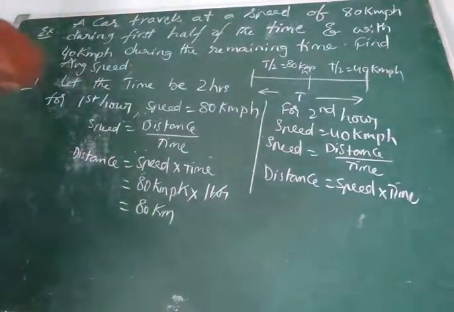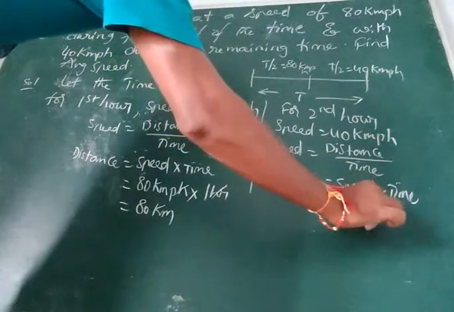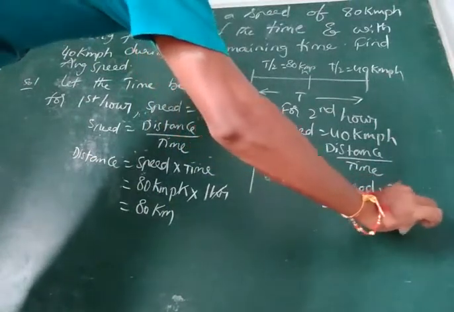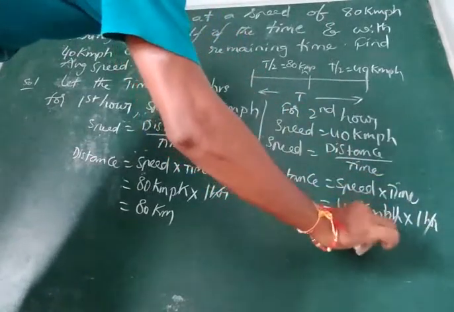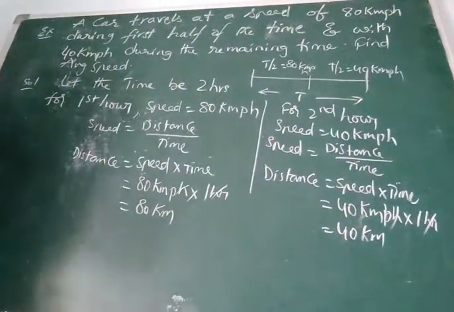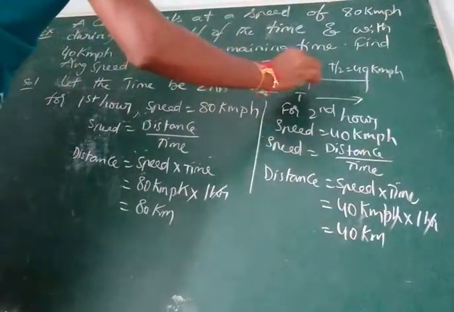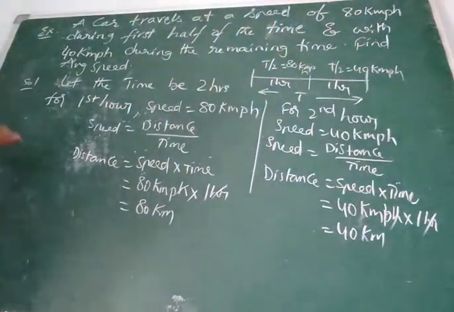In the second case, distance is equal to speed into time. Speed is 40 km per hour into 1 hour. Hour gets cancelled, 40 kilometers. It is 1 hour. So what is the total distance traveled?